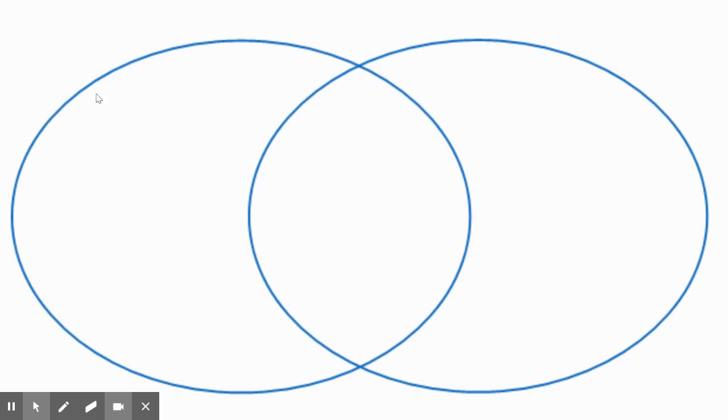We will have two topics, one for this oval, one for the second oval. And when we have information where the two topics are similar or the same, we will place that information in the part that overlaps.